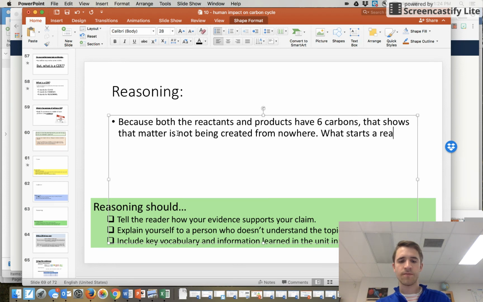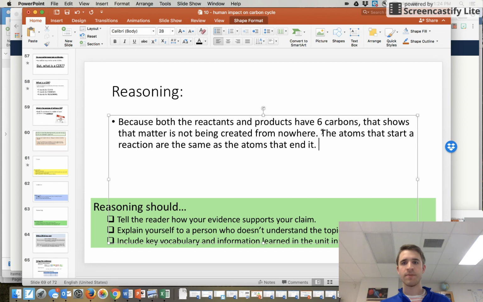I'm going to rephrase it actually. The atoms that start the reaction are the same as the atoms that end it, right? That's the law of conservation of matter, right? Matter is not created or destroyed.